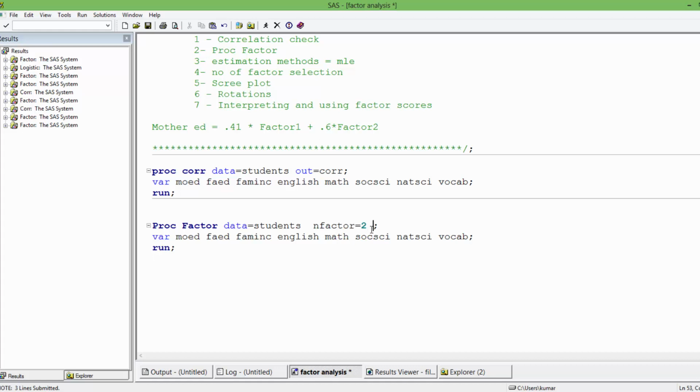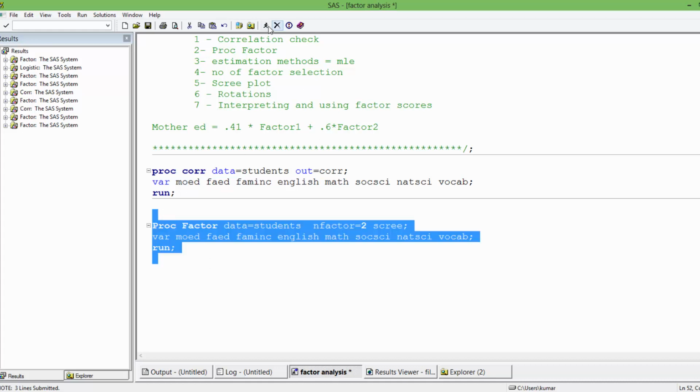The next thing that we will study is how to plot a scree plot. To plot a scree plot, we use the option SCREE. Let me run this.